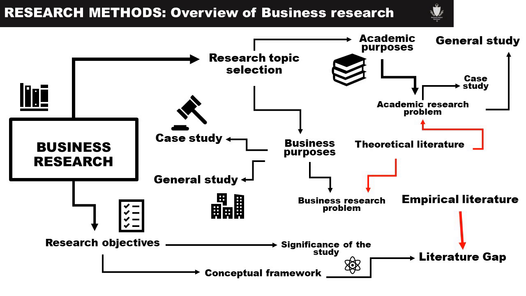When you're doing research for business purposes, you are practically doing a particular research topic for the benefit of your organization. However, if you are doing research for academic purposes, then it is expected that you are basically a university student who wants to graduate from that particular university.